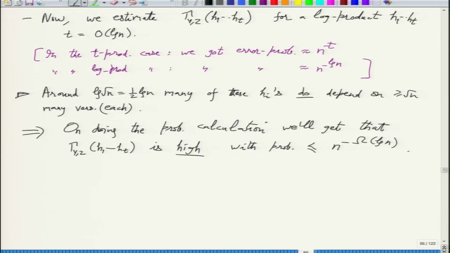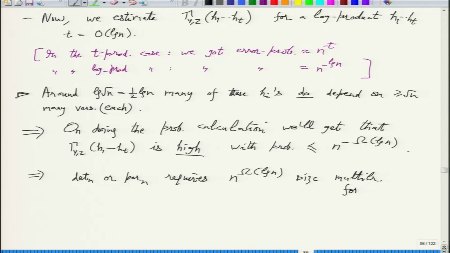That becomes your error probability. So as soon as s exceeds n to the log n, you are in trouble. This is then a bad error probability. So what you get is that determinant n cross n or permanent n cross n requires n to the log n size multilinear formulas.